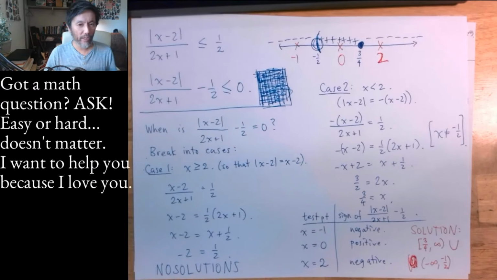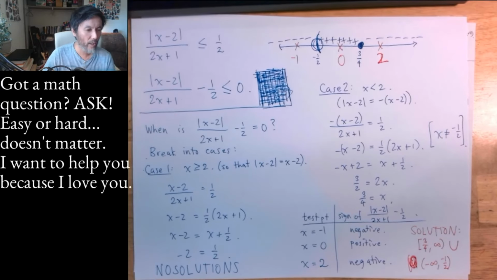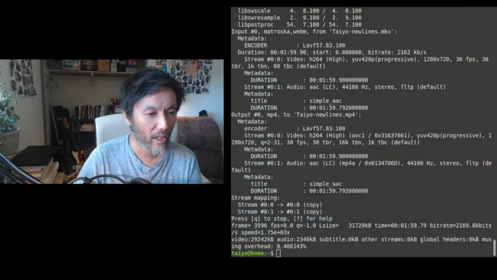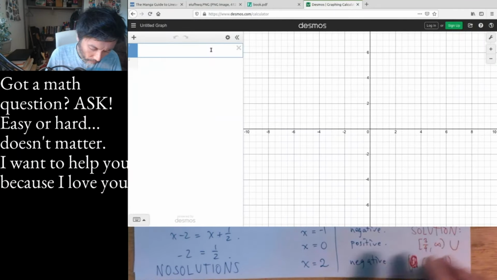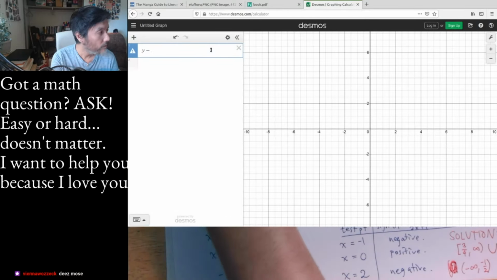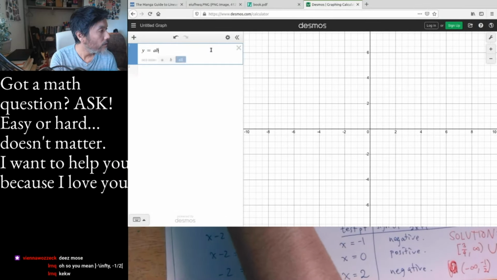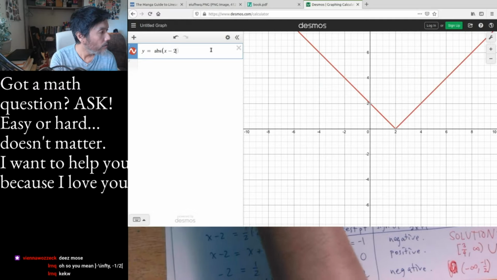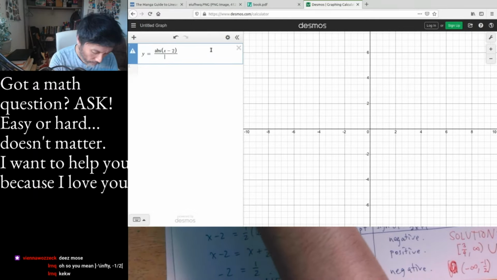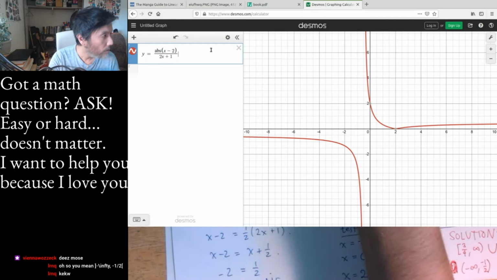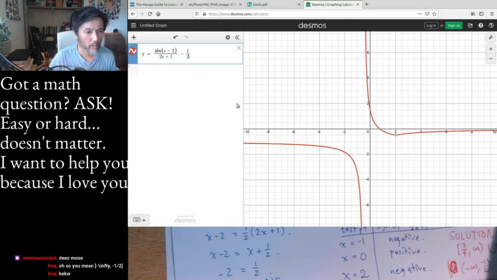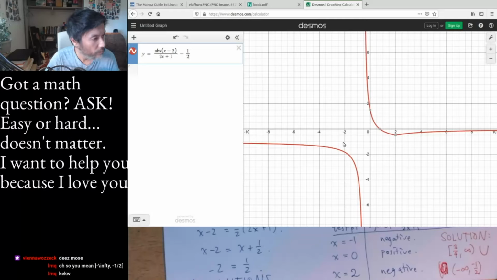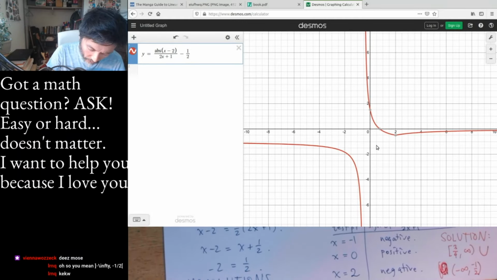The way we check to see that we did our algebra correctly is we look at desmos.com. That's not command. Is it abs? Okay, so here's that goofy function.